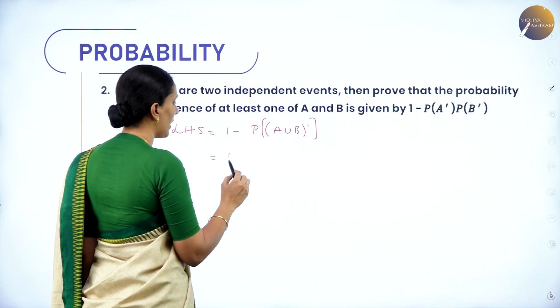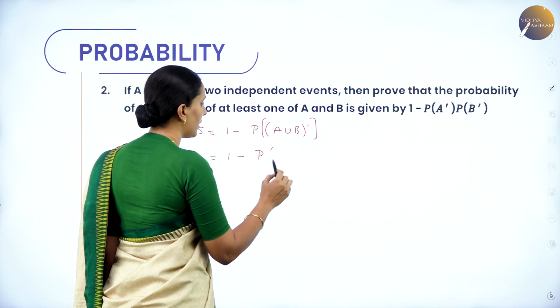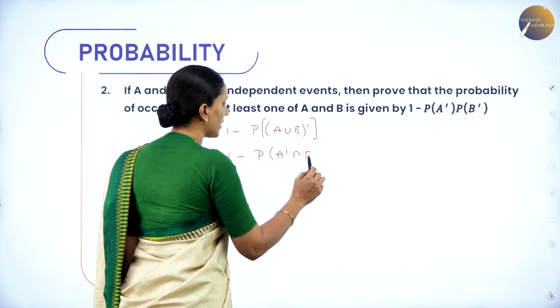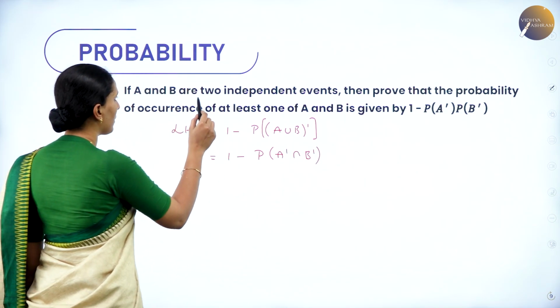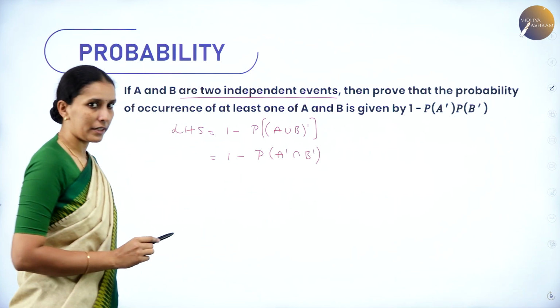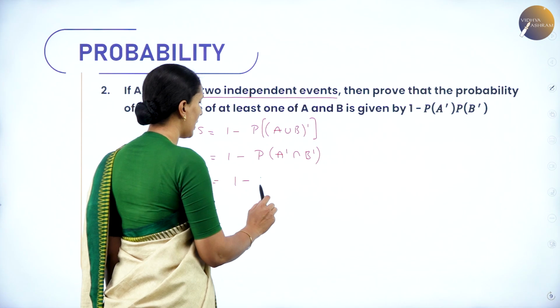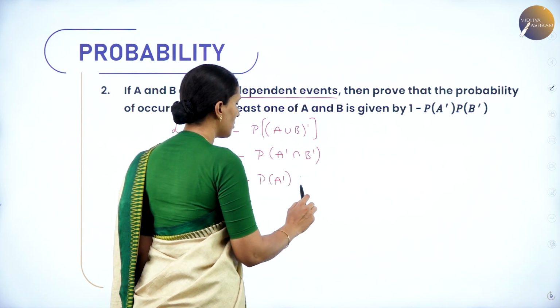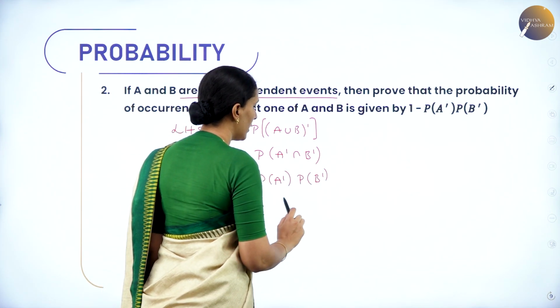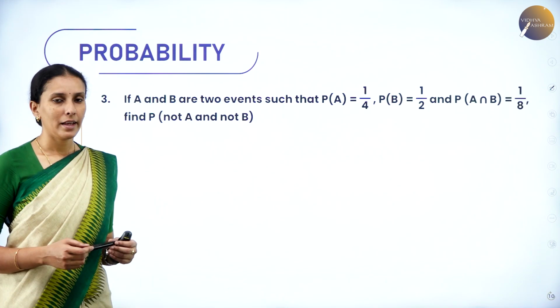So this can be written as 1 minus probability of A dash intersection B dash. Since it is clearly given that they are independent events, probability of A dash intersection B dash can be written as probability of A dash, probability of B dash. So hence proved.